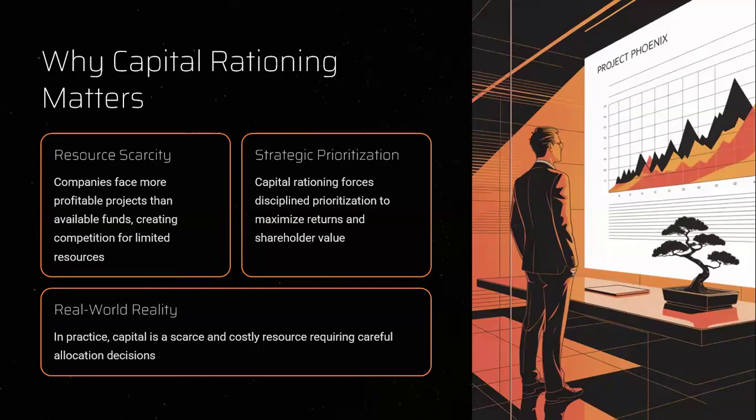Companies become profitable when they go with multiple projects and they go with the rationing of projects. And that's why we need to understand the rationing of capital projects. In rationing, literally, suppose in a family, there are five people and only one piece of bread is available.